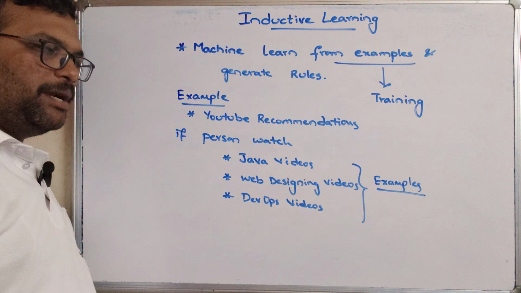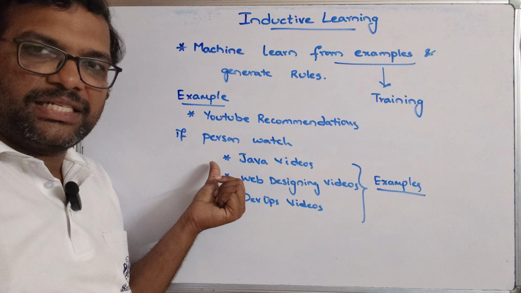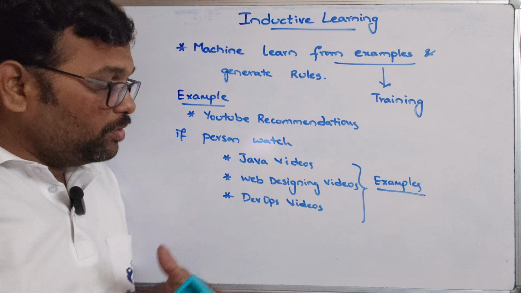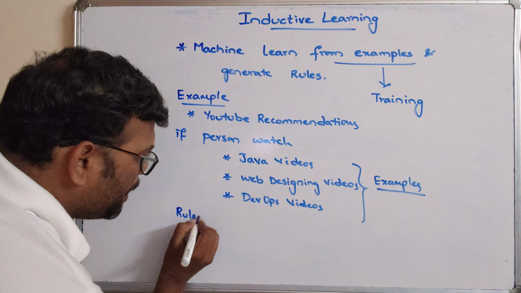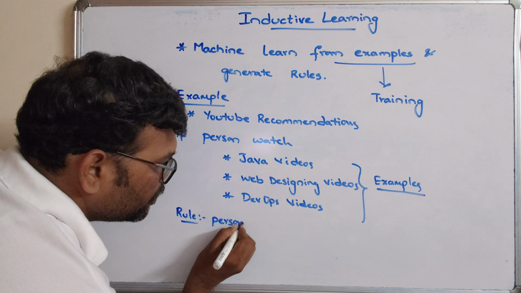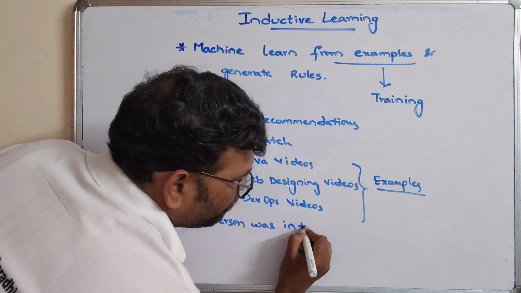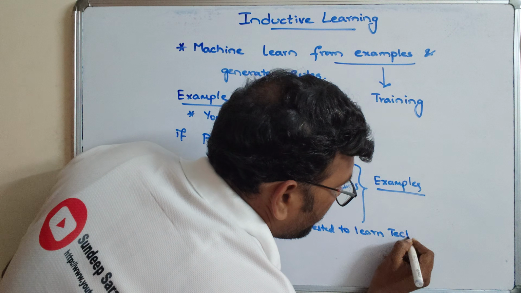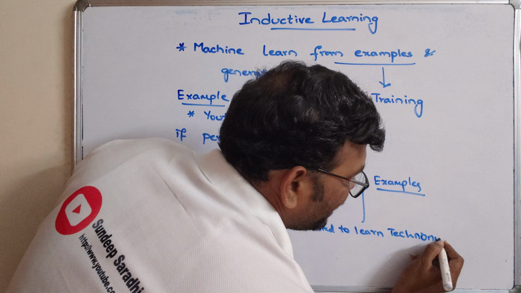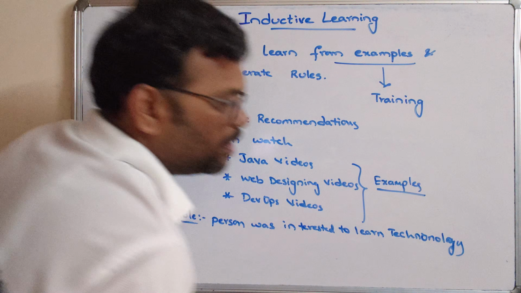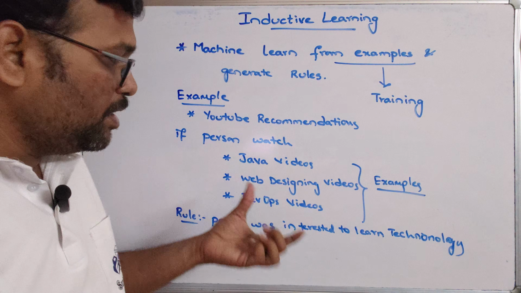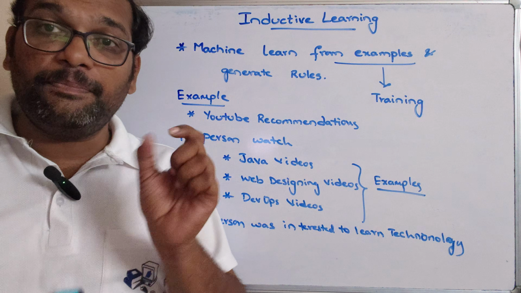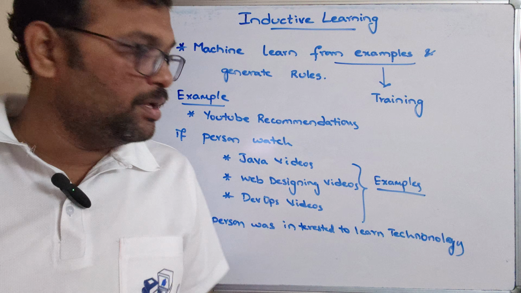What the machine understands is that if a person keeps on watching these kinds of videos, Java videos, web designing videos, as well as DevOps videos, it gets a rule that the person is interested in learning technology videos. If one person watches Java, web design and DevOps, that person is very enthusiastic to learn technology.